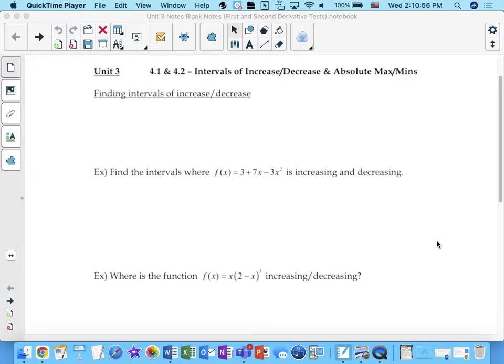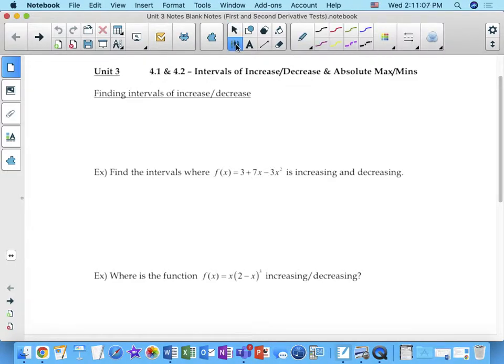When a function is increasing, the slope of the tangent line is positive. So if a function is increasing, f prime of x is going to be positive.